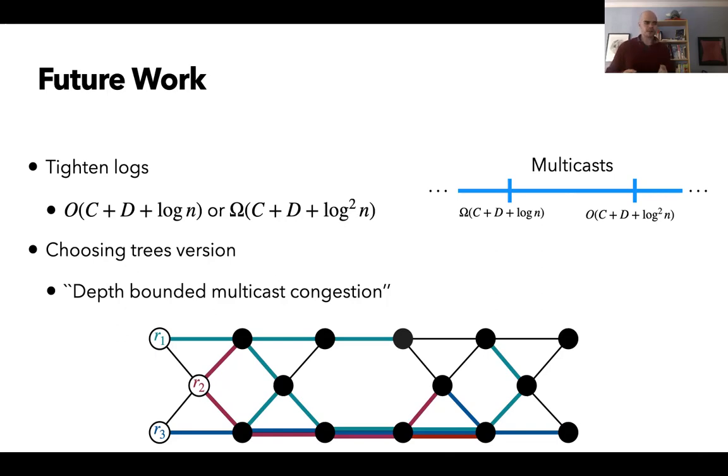But you could imagine that you're given a root, you're given a collection of leaves, but then your algorithm is allowed to choose which of the trees it wants to send its packet along to those leaves. And people have studied this in the simultaneous unicast setting. There's this famous paper of Srinivasan and Teo that does that. I think it would be cool to do that for the simultaneous multicast setting. So this corresponds to the so-called depth-bounded multicast congestion problem.